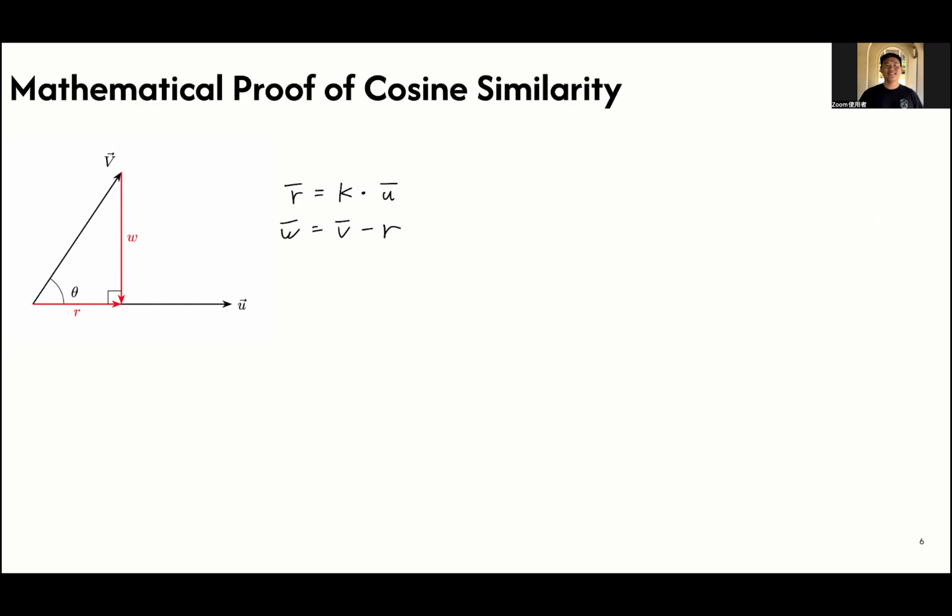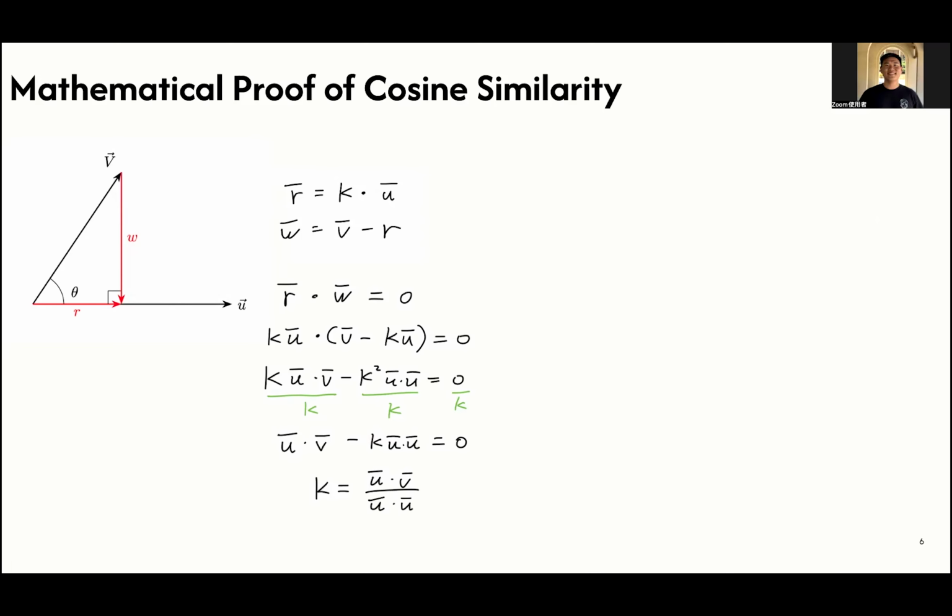We know vector r and vector w are perpendicular, so their dot product equals 0. Because r equals ku and w equals v minus r, we can rewrite this formula. We substitute all of them and get this new line of formula.